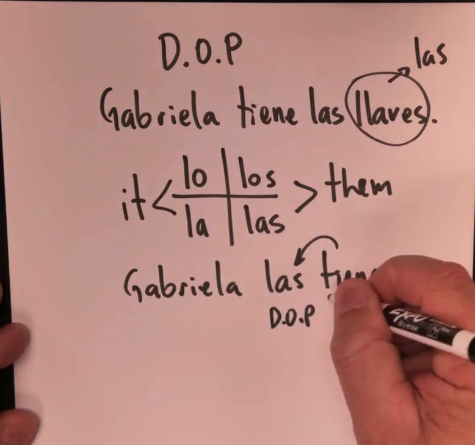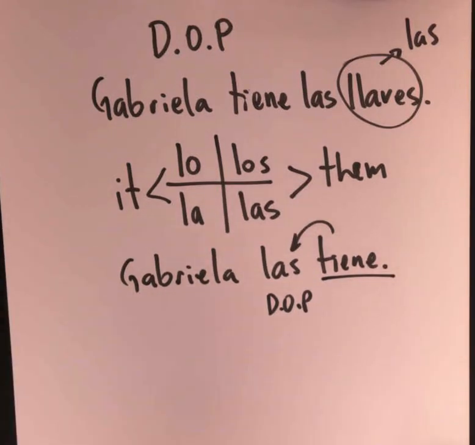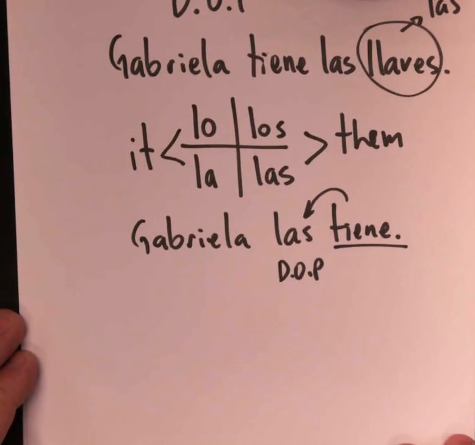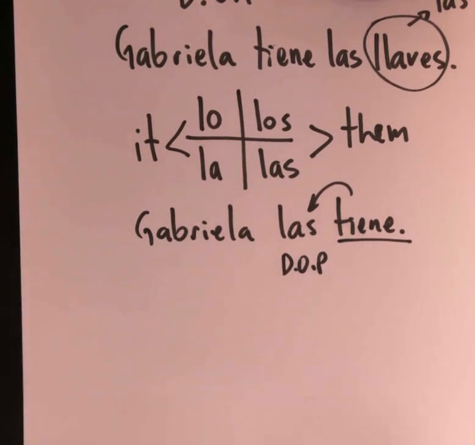Now, that happens when this verb is conjugated. How about if you have a sentence that has another kind of construction, right?